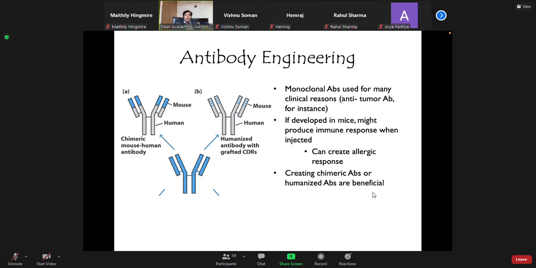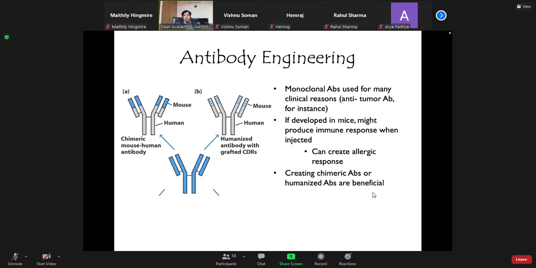So you have all those determinants in the antibody molecule: allotypic determinants, isotypic determinants, idiotypic determinants. All those things can serve as antigenic epitopes against which humans can start generating antibody response or T cell response, right?